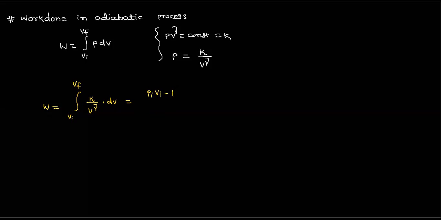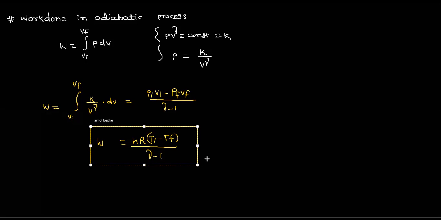Pi Vi minus Pf Vf divided by gamma minus 1, and that is equal to nR Ti minus Tf divided by gamma minus 1. This is what work done in adiabatic process. Okay, right? You can keep it in a box. This is what work done in an adiabatic process.